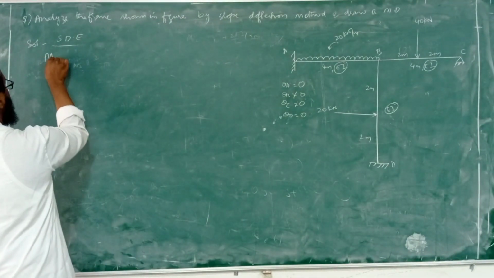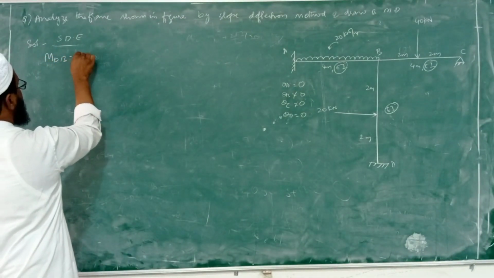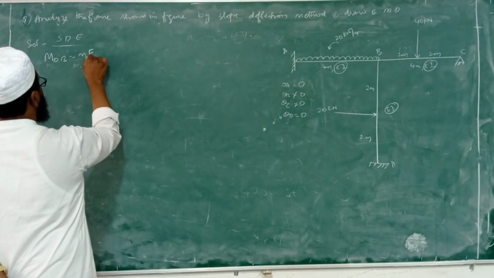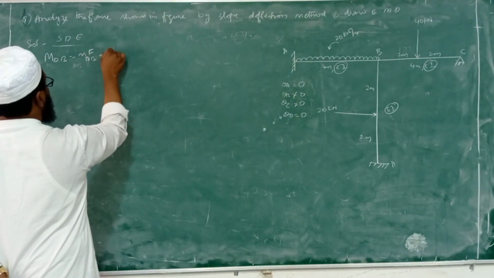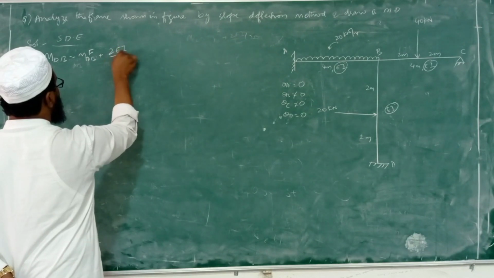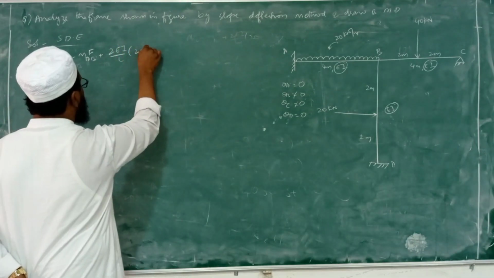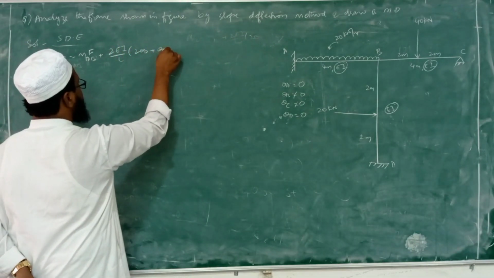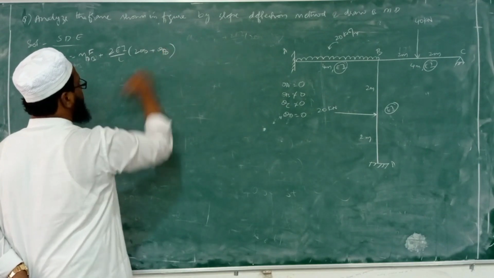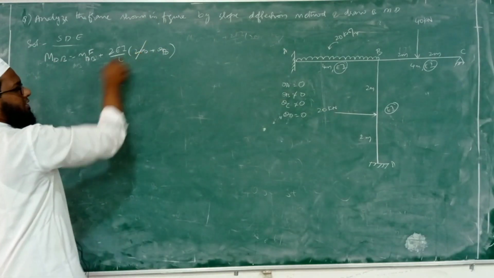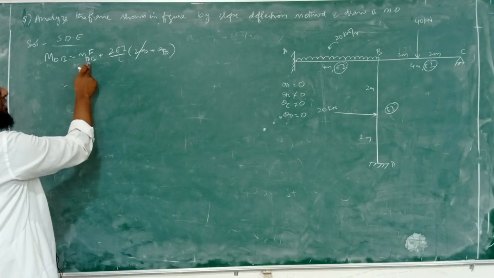So what is that? MDB is equal to MFDB plus 2EI by L into 2 theta D plus theta B. Okay, so theta D is 0. What is MFDB?